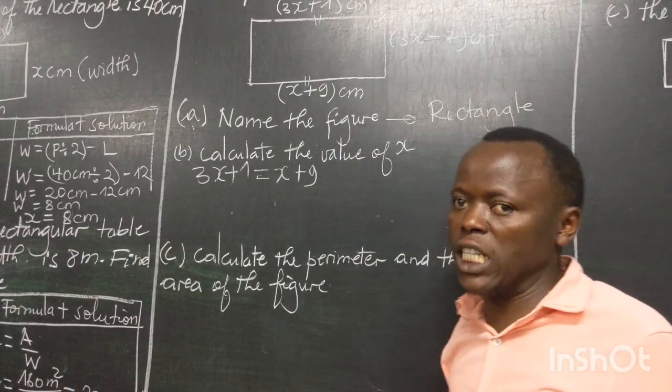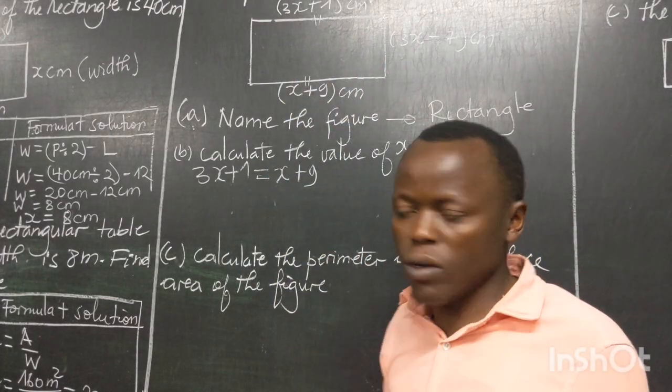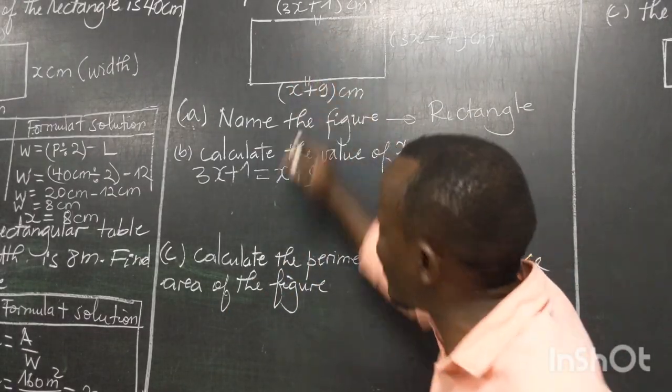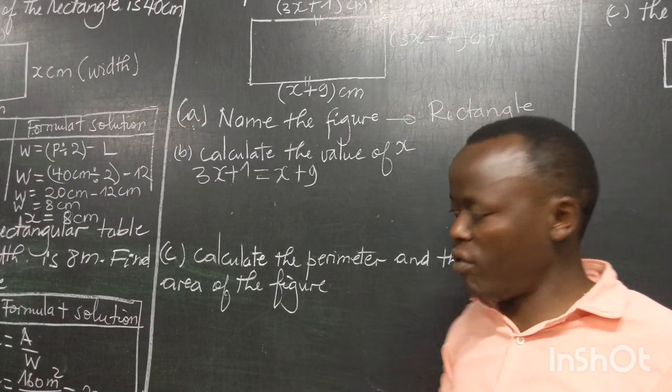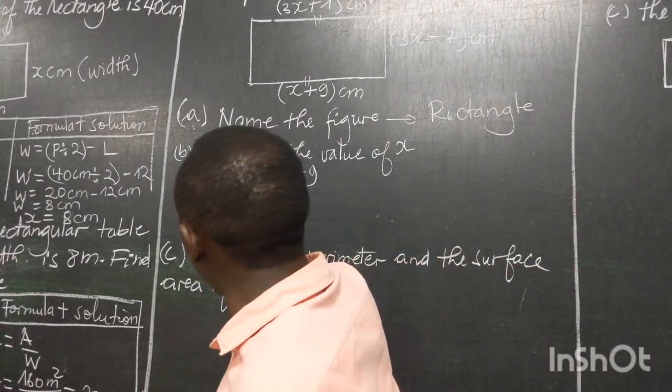As I have said, this side and this side are equal, so we equalize one side to the other so that we can easily find the value of x. Then we solve this equation.